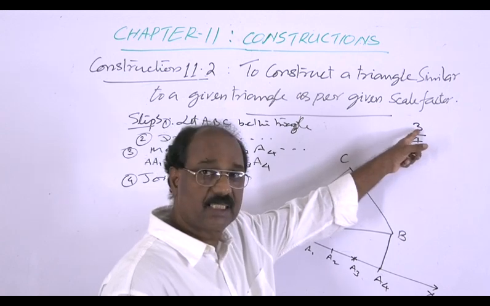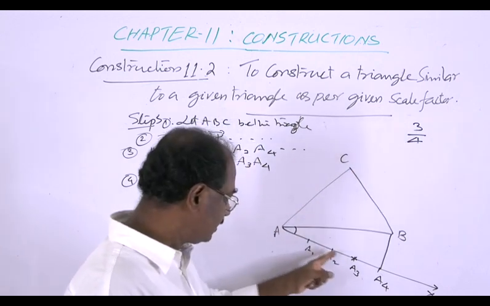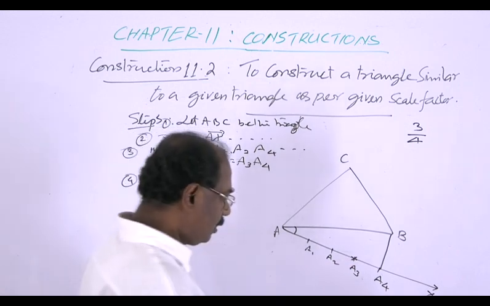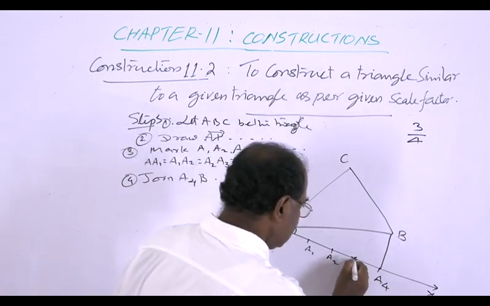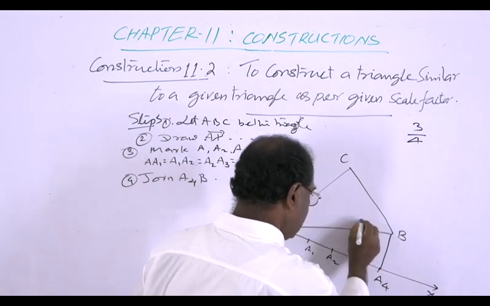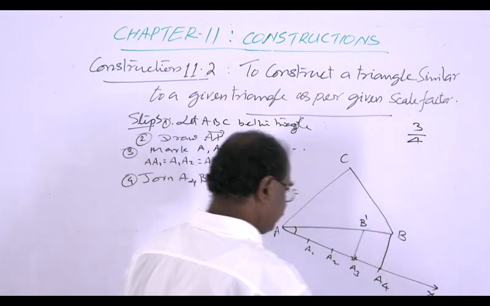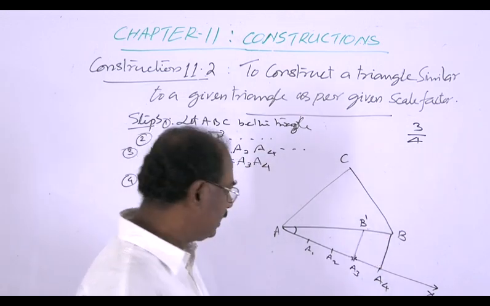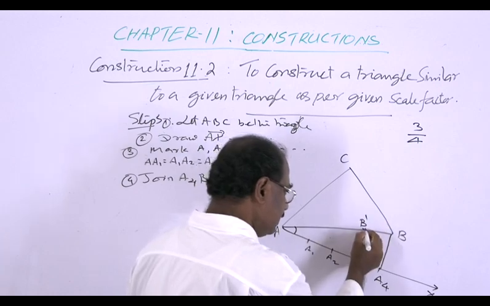The numerator is 3, so 3 divisions. After 3 divisions, this A3. Draw this A3B dash parallel to A4B, meeting this AB at the point B dash.